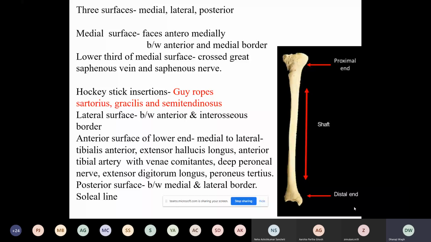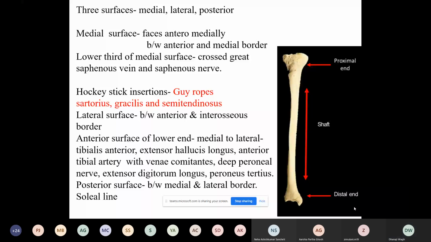This is a viva question. They may ask these structures from medial to lateral on the anterior surface of the lower end: tibialis anterior, extensor hallucis longus, anterior tibial artery with venae comitantes, deep peroneal nerve, extensor digitorum longus, peroneus tertius.